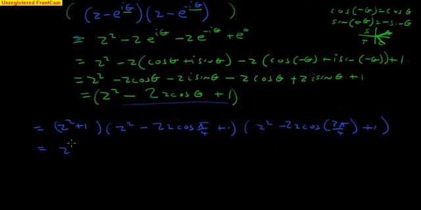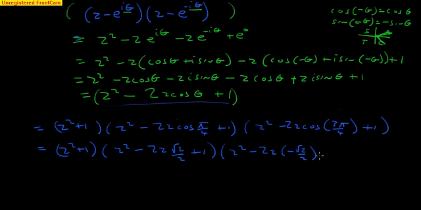This equals z squared plus 1, times z squared minus 2z times the cos of pi by 4, which is root 2 over 2, times z squared minus 2z times the cos of 3 pi by 4, which is negative root 2 over 2. The 2s cancel, so we get minus root 2 z plus 1, and plus root 2 z plus 1.